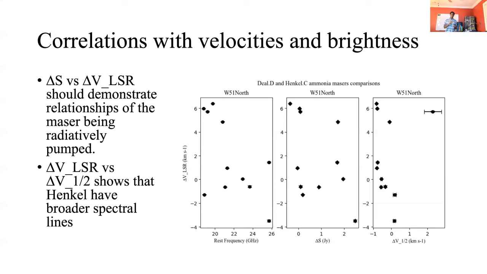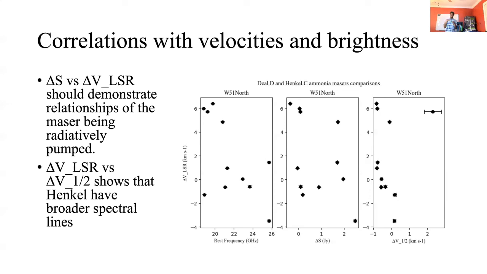And the last plot showcased a direct correlation between the masers. It appears that essentially what this plot means is that Henkel's data appears to be more broad in the width, the V1/2 or full width half maximum of each Gaussian curve, and that essentially tells us that Henkel's data could have a lower spectral resolution than the data set that I have.